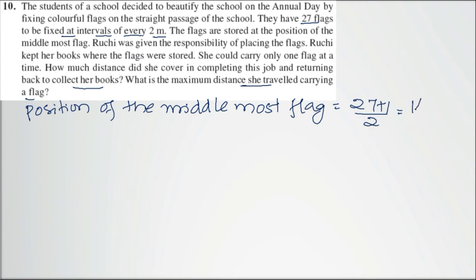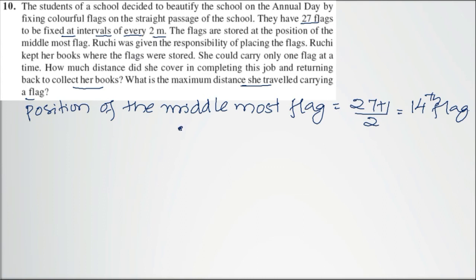So we get it as 14th flag. This means that 13 flags are to be fixed before the middlemost and 13 flags are to be fixed after the middlemost.